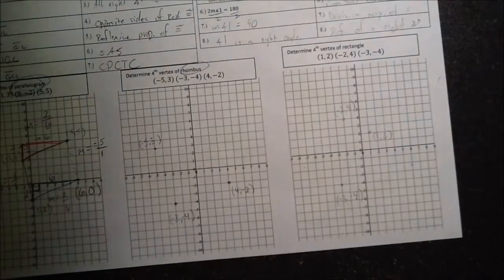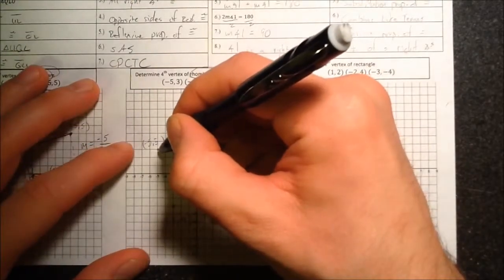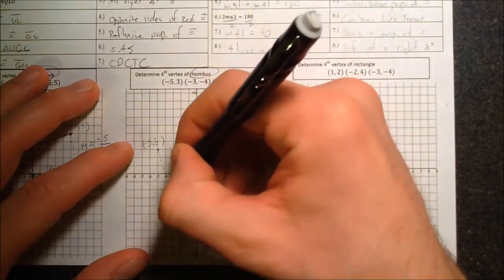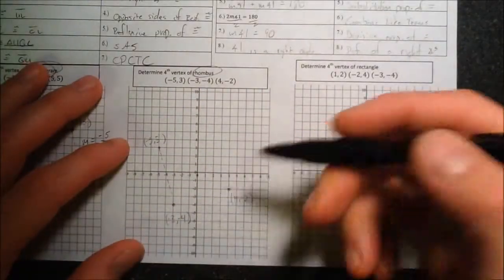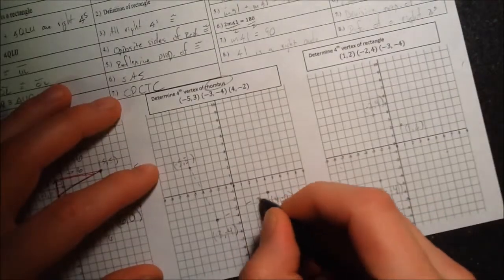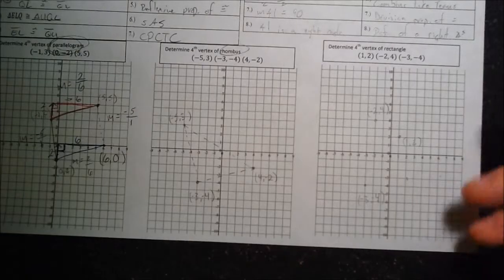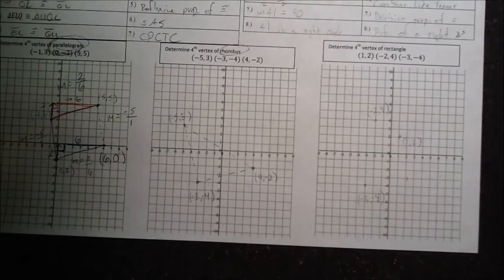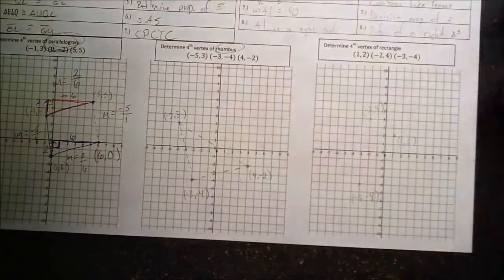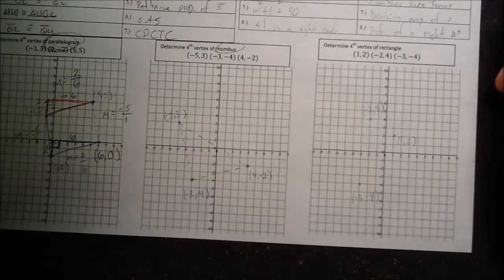So you have three options of side lengths. This could be a side length connecting those two dots. This could be a side length connecting those two dots. And this could be a side length. Two of them are going to be sides of the rhombus, and one of them is going to be a diagonal. Well, we know that if this truly is a rhombus, then the sides need to be congruent.